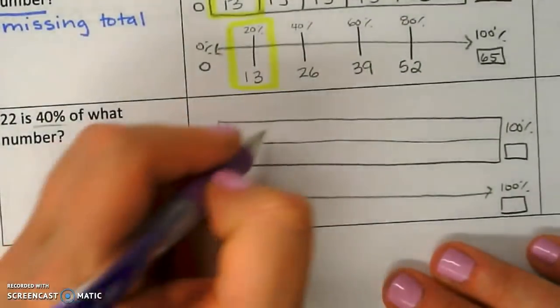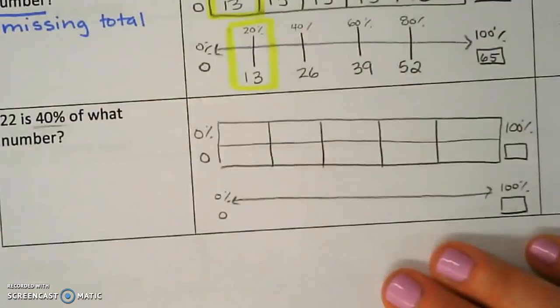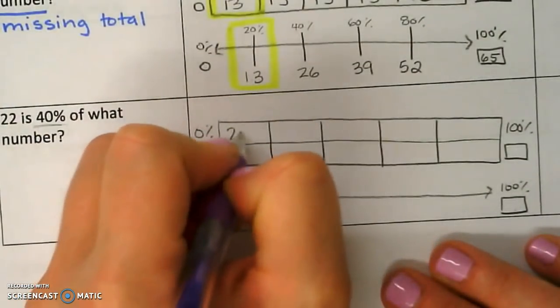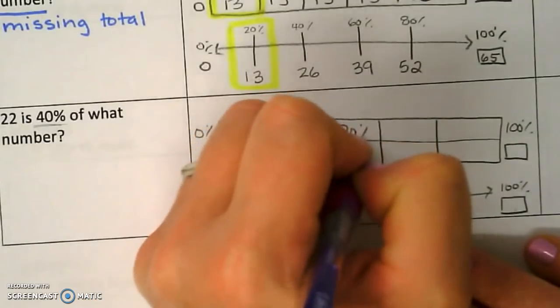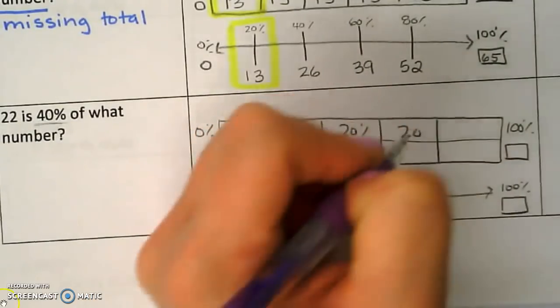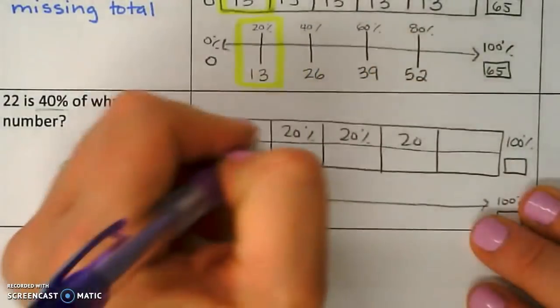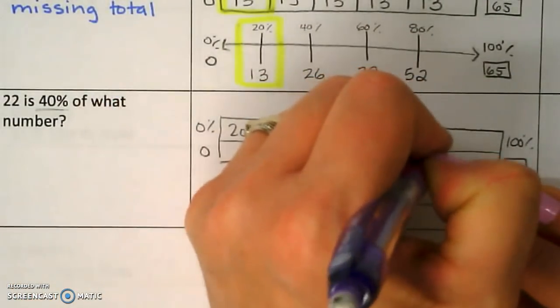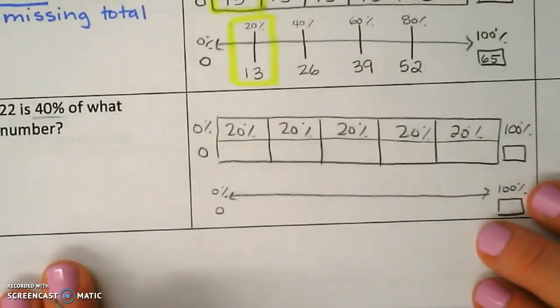So let me go down here. 1, 2, 3, 4, 5. Each one of these boxes represents 20% of the total. Sorry about that, kiddos. So we were saying 20, 40, 60, 80. There's another 20. See, each piece holds 20% of the total.